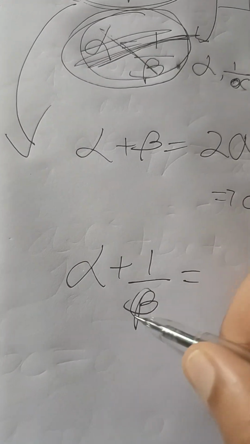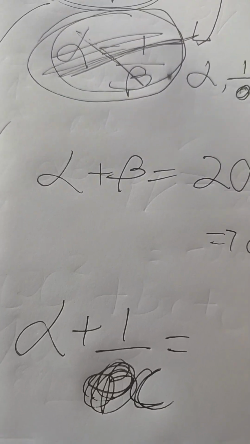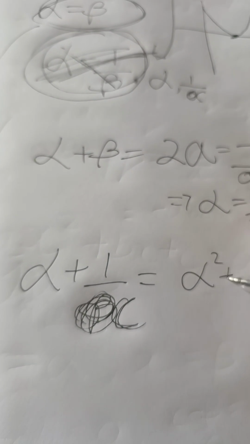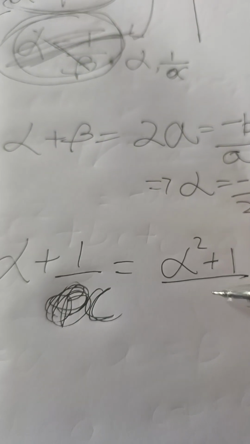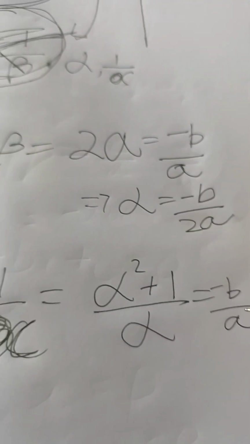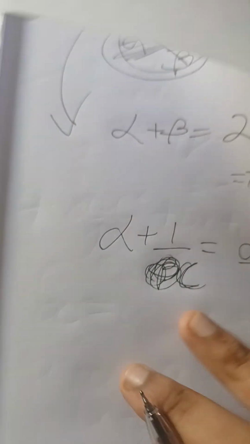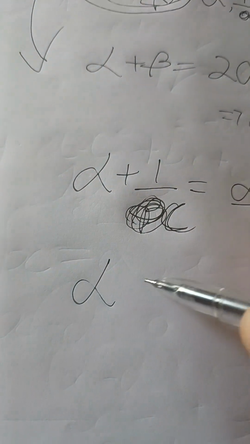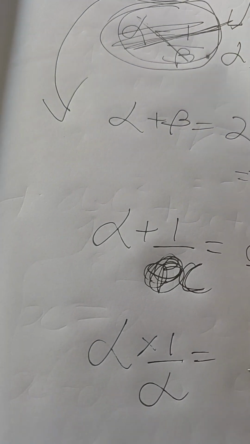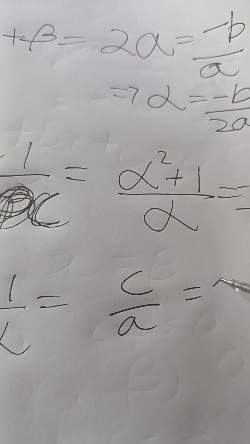So alpha plus 1 by alpha is minus b by a. But if we take alpha into 1 by alpha, it's c by a, which is 1.